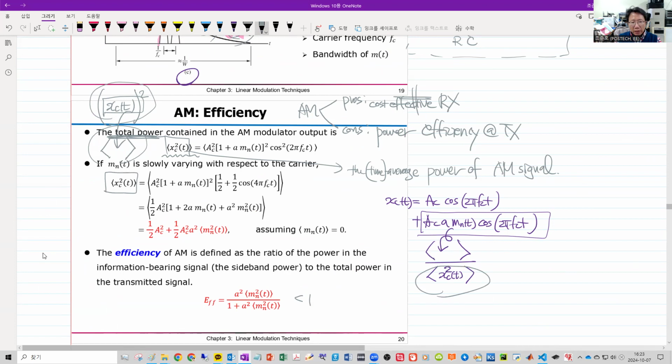So we expand the AM signal, and assuming that the mean value of the message signal is negligible or 0. What does that mean? As I told you, if our message signal is an acoustic signal converted to electrical signal or voice signal, it's almost right. It's almost symmetric with respect to the time axis.